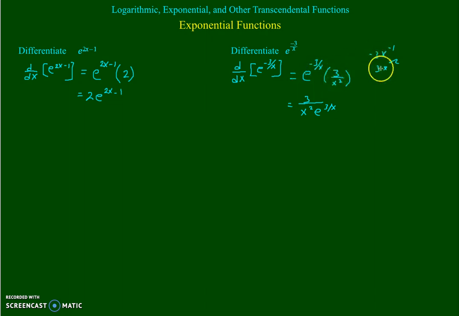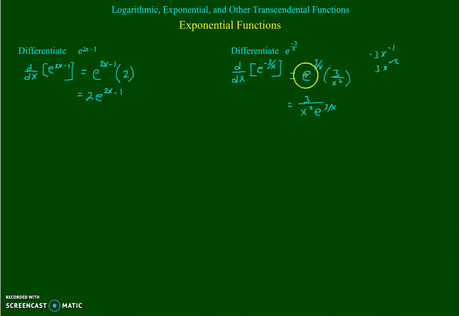And this is the breakdown of the derivative of this guy. So this is actually negative 3 times x to the negative 1. We subtract 1 from the exponent when we're differentiating and multiply by the exponent. So negative 1 times negative 1 is positive, and this is just 3x to the negative 2, and that breaks down to 3 over x squared.